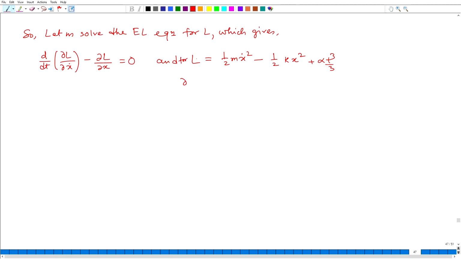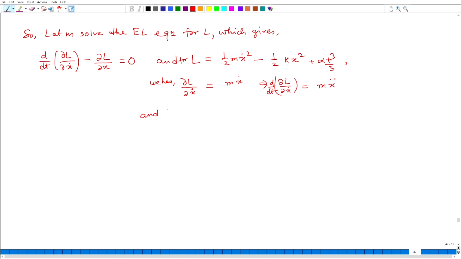For this Lagrangian, we have ∂L/∂x dot simply equal to m x dot, and so d/dt of ∂L/∂x dot will simply give you what? m x double dot.